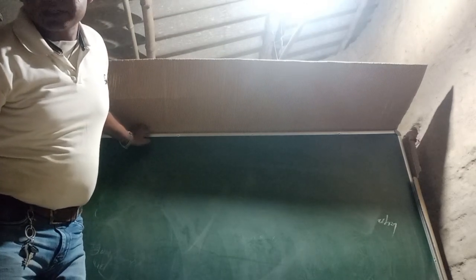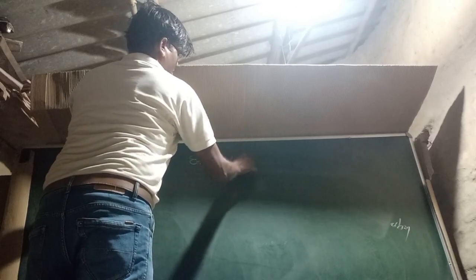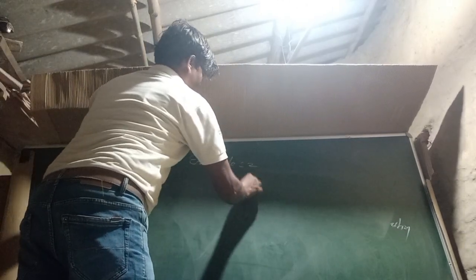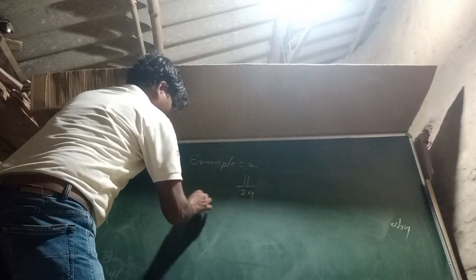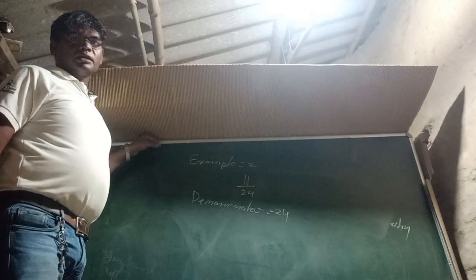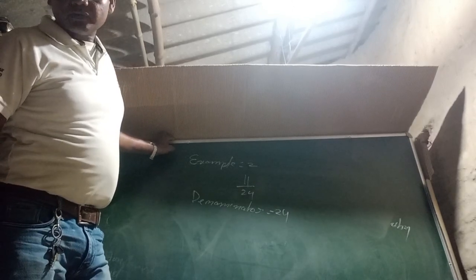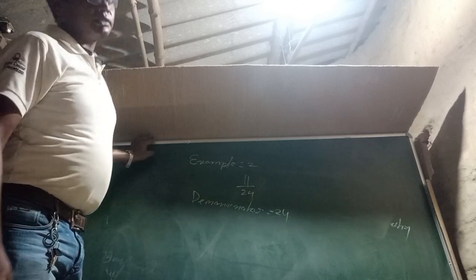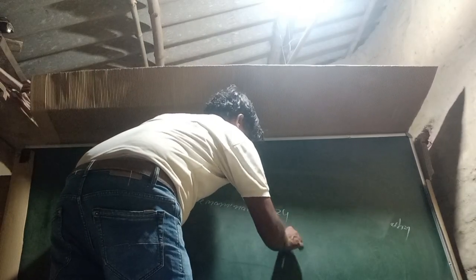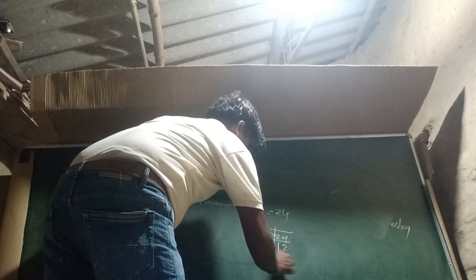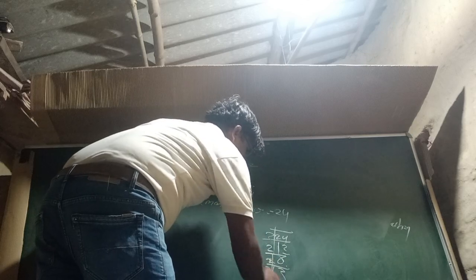With the help of the second example, 11 upon 24, we will understand which is terminating and which is non-terminating. The denominator here is 24. Taking the factorization, 24 divided by 2 is 12, then 6, then 3, then 1.